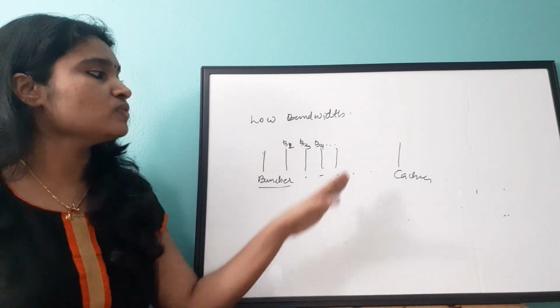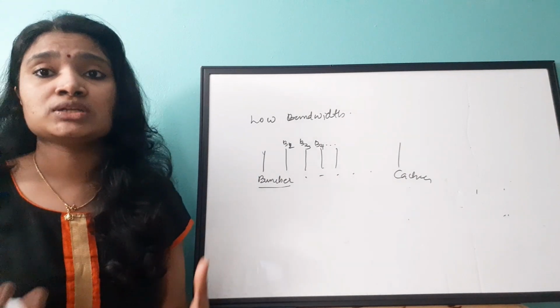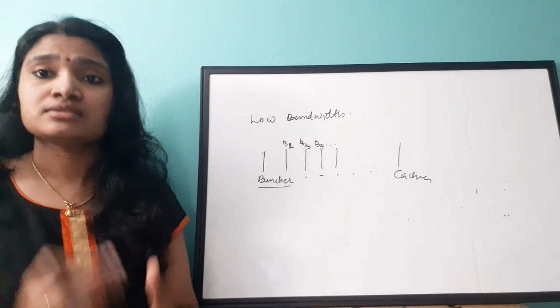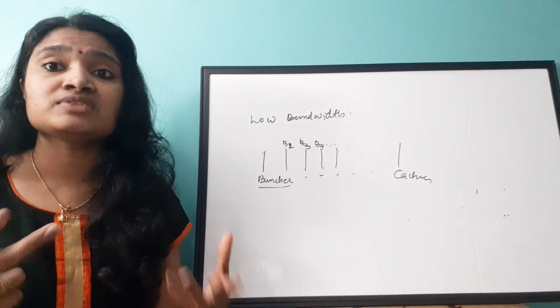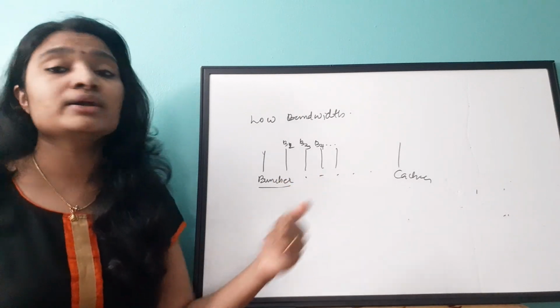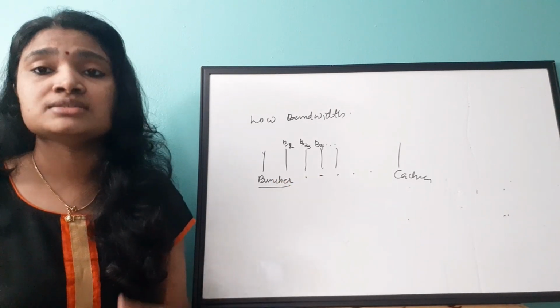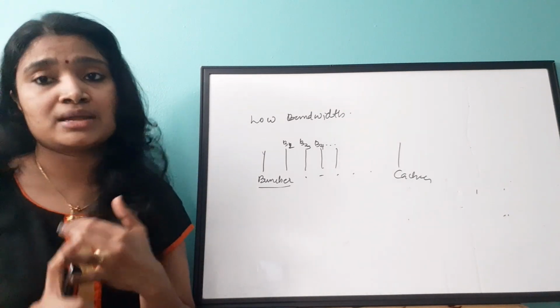So in order to overcome the disadvantage of low bandwidth, we can increase the number of buncher cavities, and hence we will be forming a multi-cavity klystron. We have discussed today a two-cavity klystron. There are multi-cavity klystrons with more than one buncher cavity, and this increasing of buncher cavities is to improve your gain and also bandwidth.